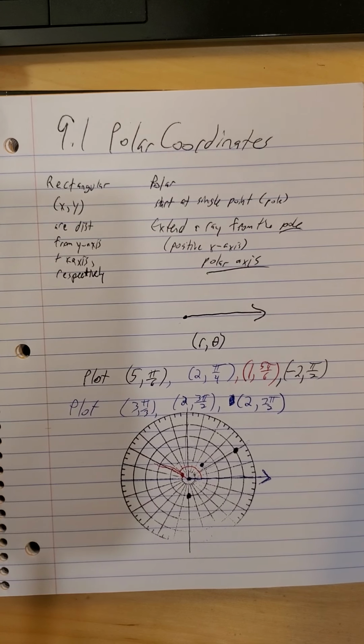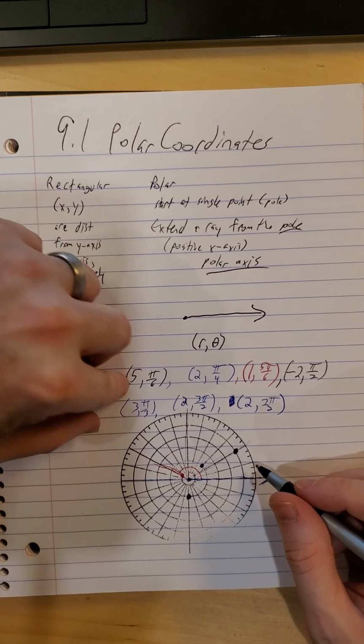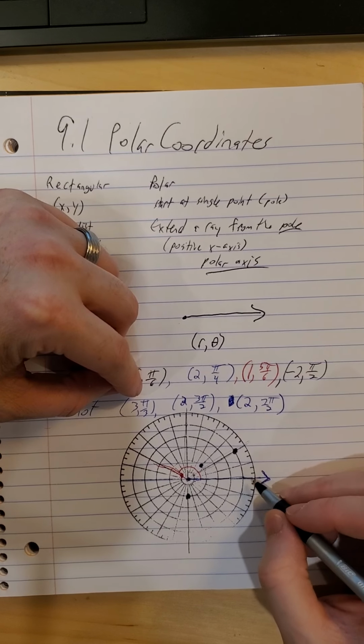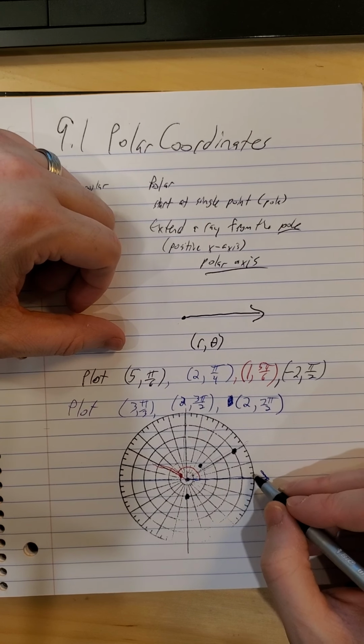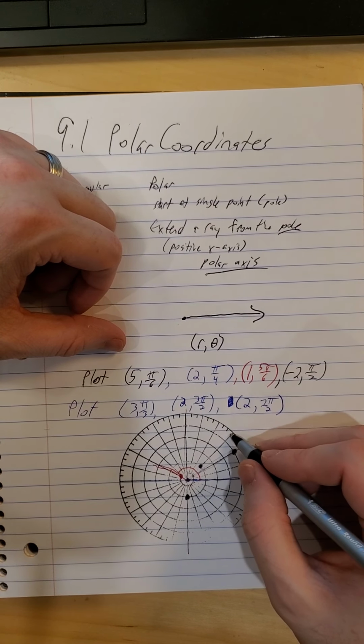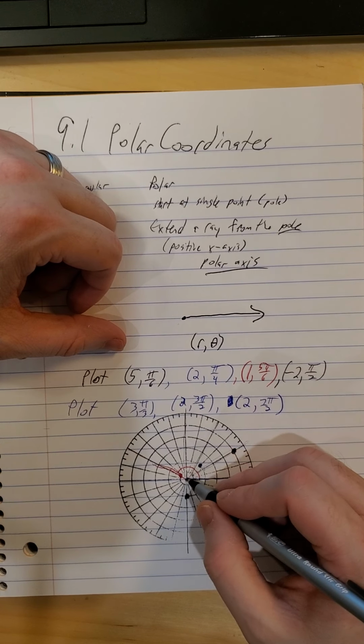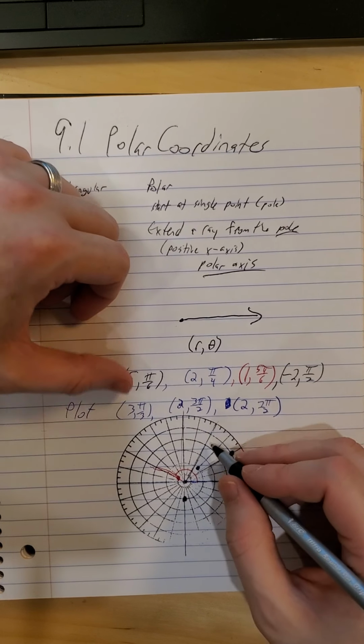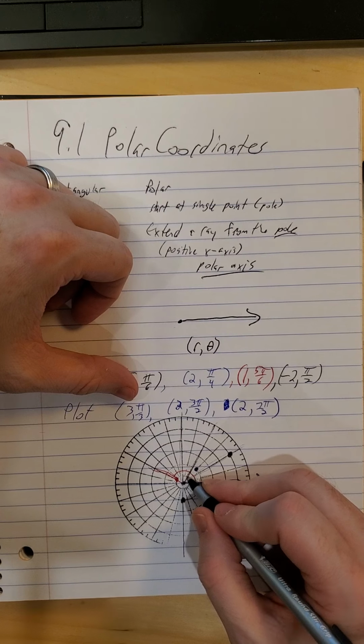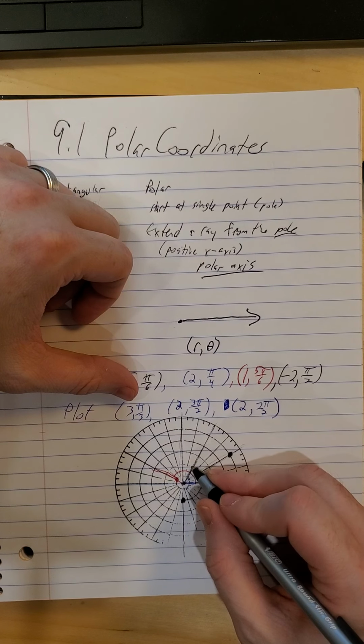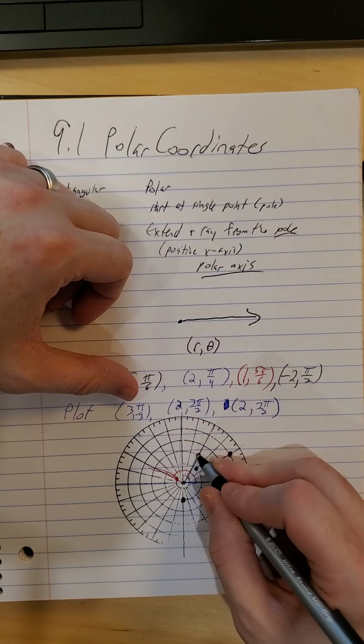Okay, welcome back. So we'll start with our 3 comma pi over 3. Pi over 3 is 60 degrees. So 15, 30, 45, 60. So there's our 60-degree angle. And we'll go to 3 on that. So there's 1, 2, and 3.